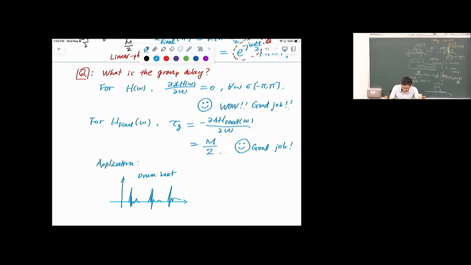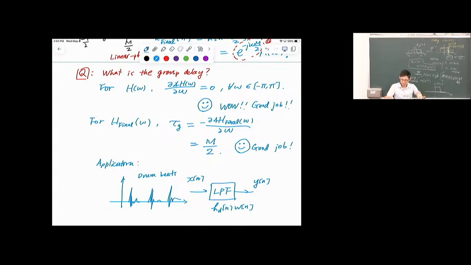So you process the drum beats with a low-pass filter, using your designed HD multiplied by your choice of window. So this is X, this is Y. The shape of the output is of course going to be different from the input, but all the frequencies are going to experience the same delay. So that means short impulses remain short. In the time domain, the beats will not be spread.